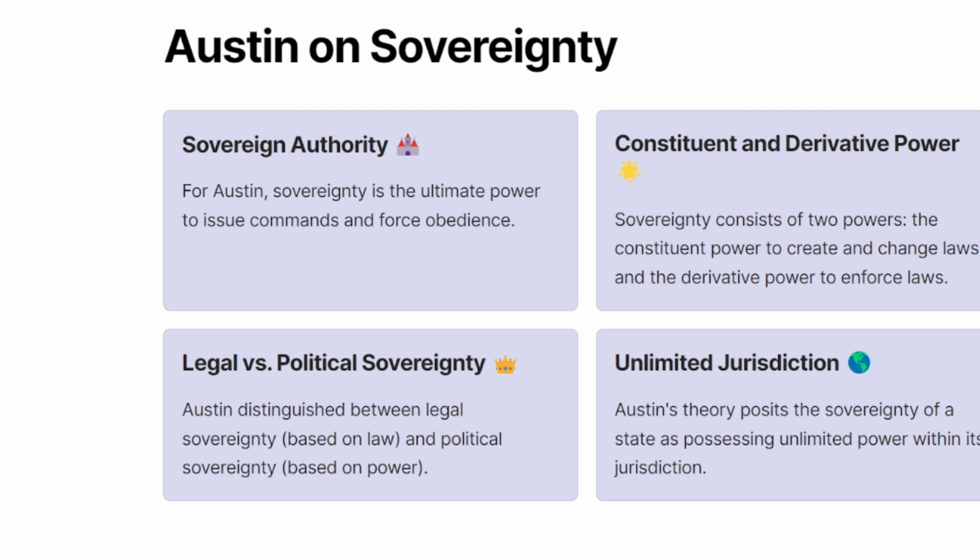There is no way that they can say, I'm not going to follow your commands. You have to, right? So this is what Austin is describing in terms of sovereignty of the ruler. Sovereign authority is in the hands of the ruler, and for Austin sovereignty is the ultimate power to issue commands and force obedience.